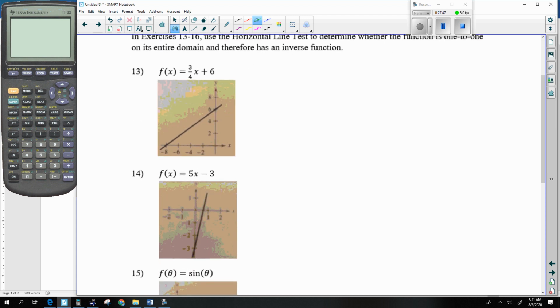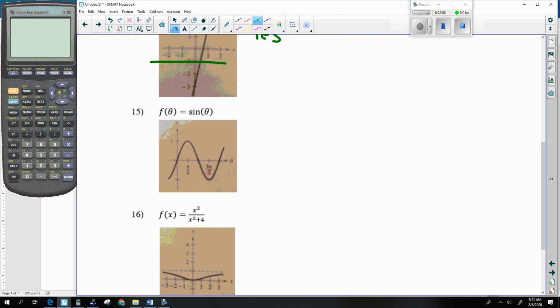Here I see that the horizontal line test does work out. The original is a function. So yes, this does have an inverse. Next one, yes, this does have an inverse. Nothing is touching twice. Everything is just touching once.